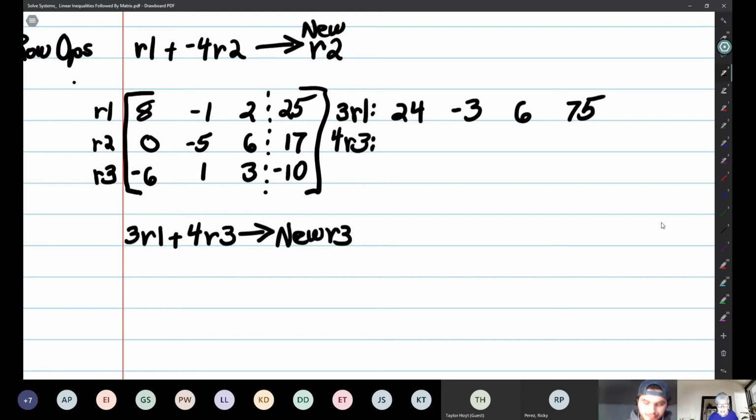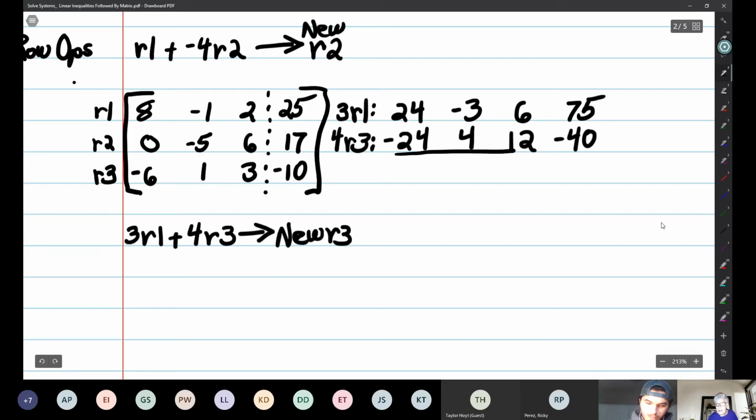4 times negative 6 is negative 24. 4 times 1 is 4. 4 times 3 is 12. And 4 times negative 10 is negative 40.